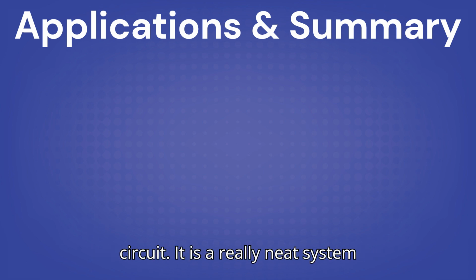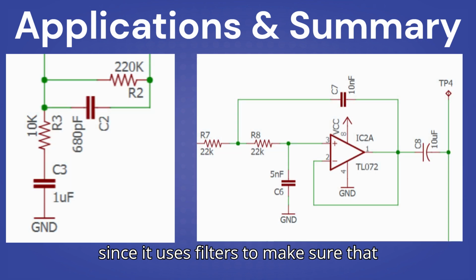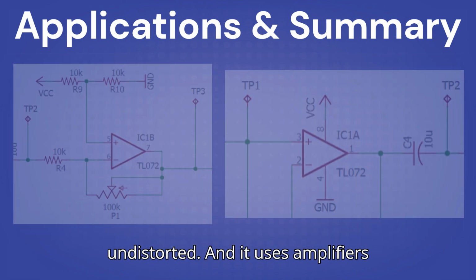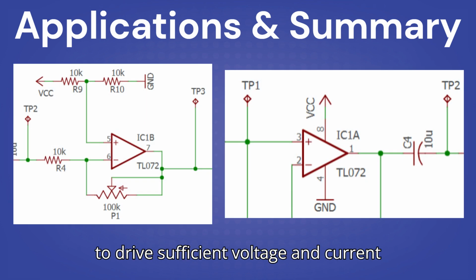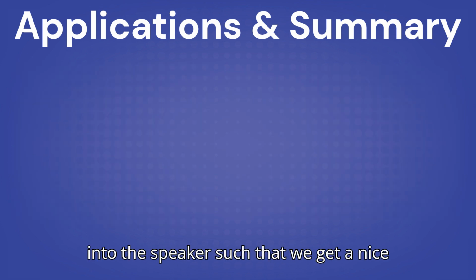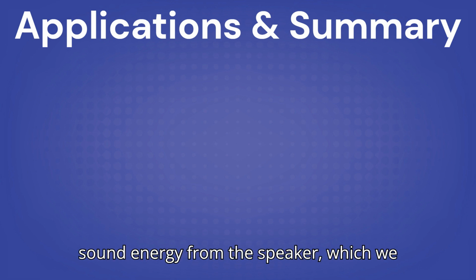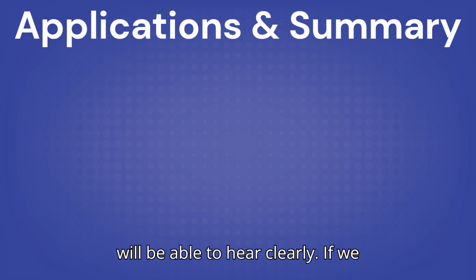It is a really neat system since it uses filters to make sure that the output waveform is clean and undistorted, and it uses amplifiers to drive sufficient voltage and current into the speaker such that we get a nice acoustic output, which simply means the sound energy from the speaker which we will be able to hear clearly.